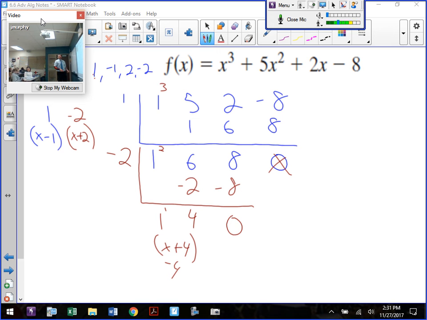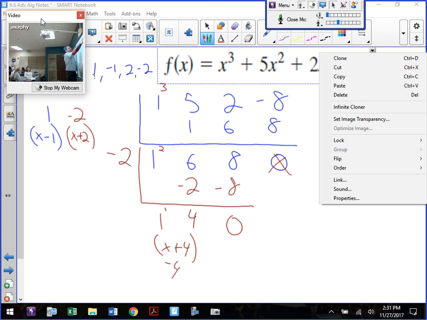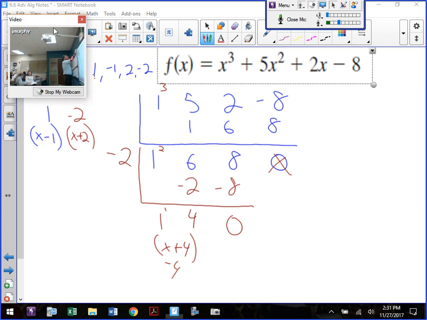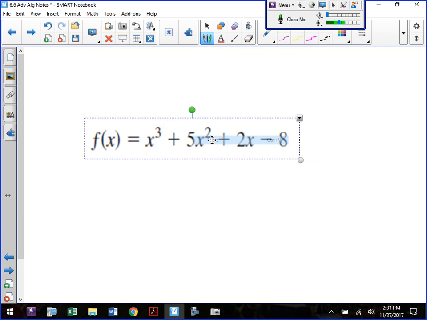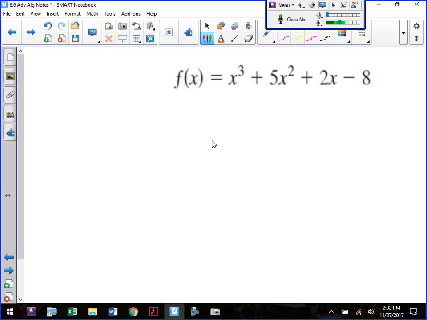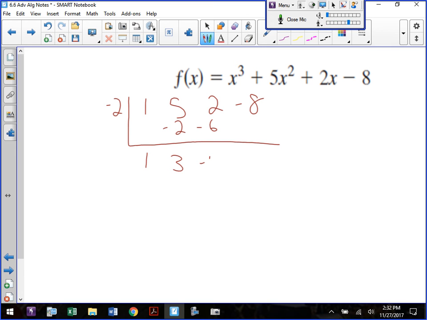You know, so if I did do this one starting with negative 2, if I start this one at negative 2 instead, it's still a 0, isn't it?